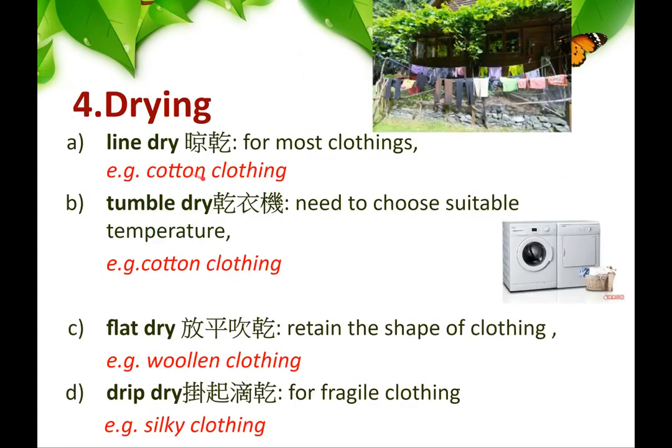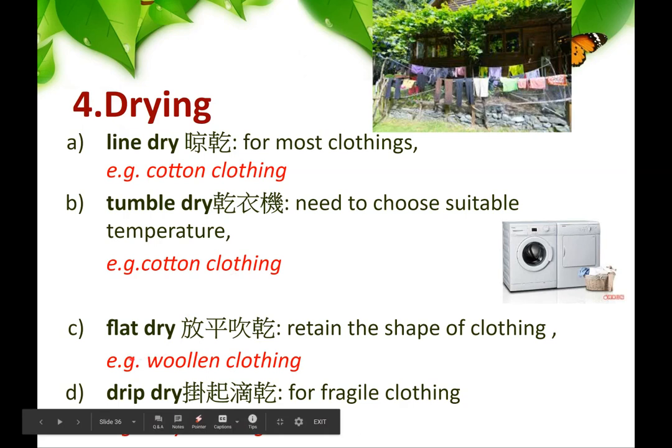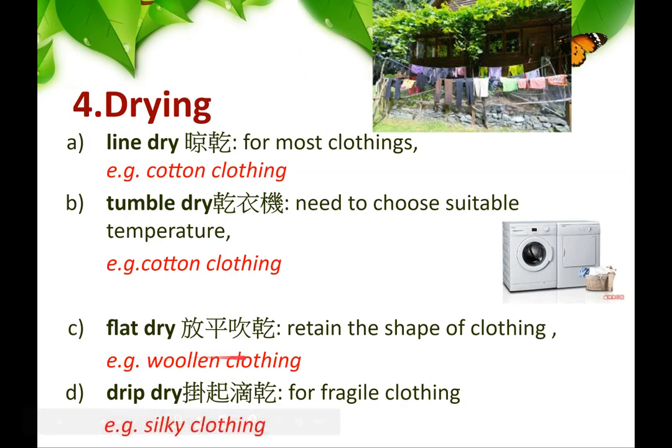And for drying, there are mainly four kinds. The first kind is called line dry. You can see the picture over there, that means to hang the clothes. And then tumble dry is to put the clothes inside this tumble dry machine and it will be heated. And then the third kind is flat dry.